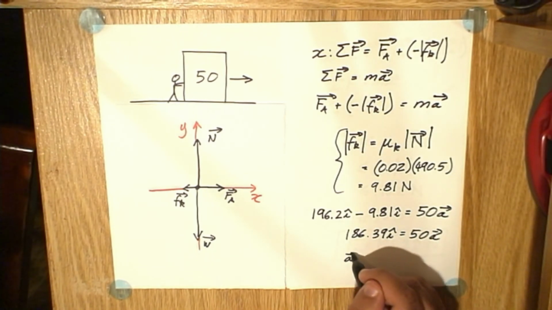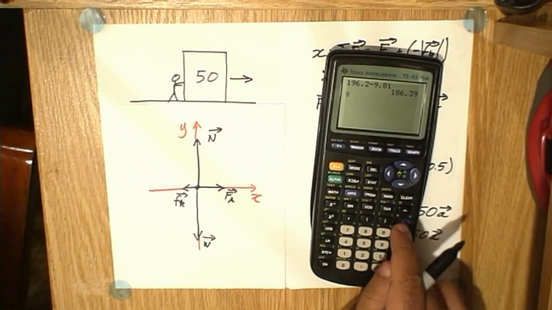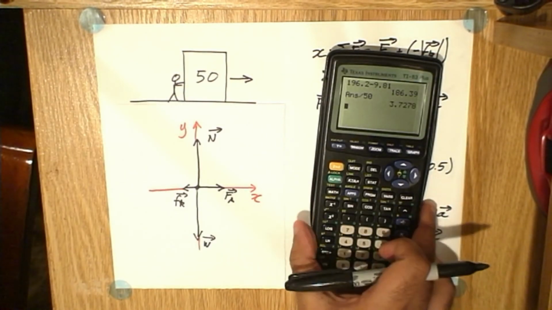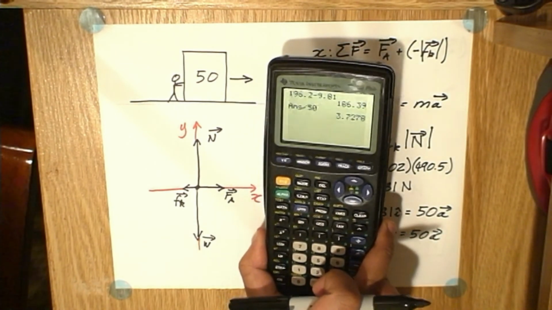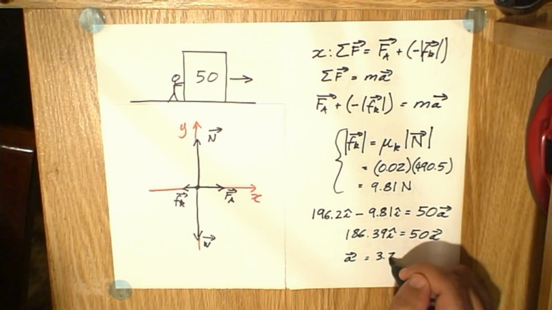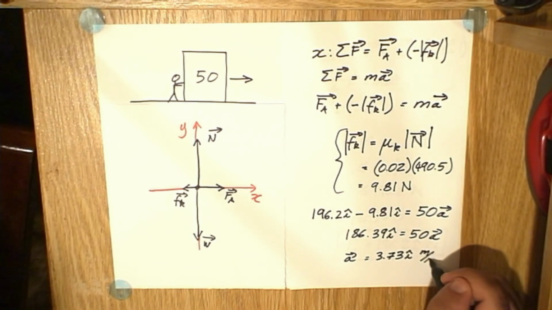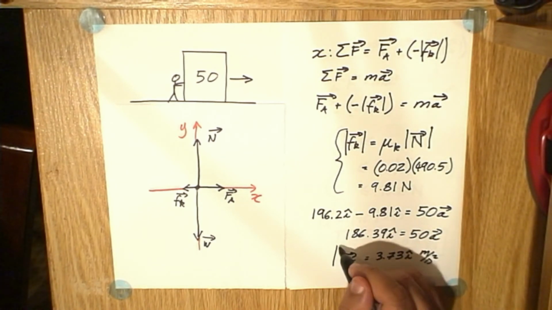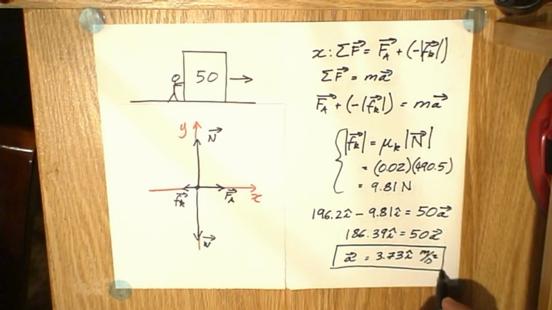And then we divide both sides by 50, and that gives us the acceleration. 3.73, let's call it. So this is the acceleration of the steel box along the ice.